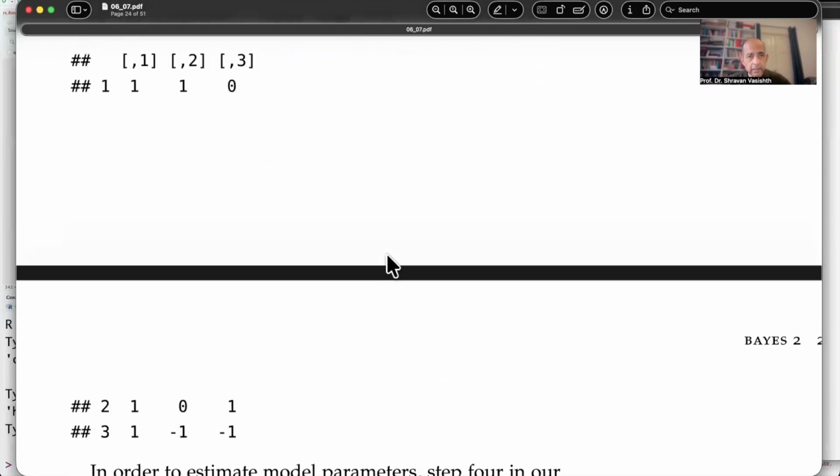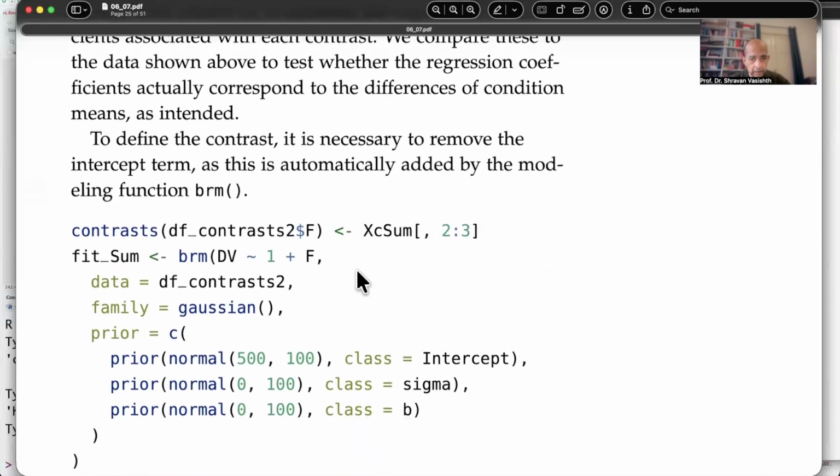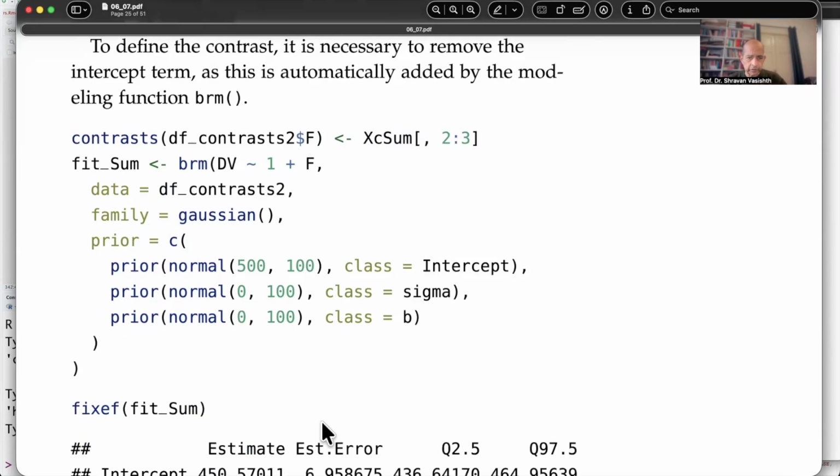The intercept is automatically added by R. Even if you don't write that 1 plus, the intercept is going to be there by default, so the ones will be added automatically. Using the contrast function like before, I can plug my contrast matrix into the factor specification and get back the comparisons I'm interested in. That's what we're doing here.